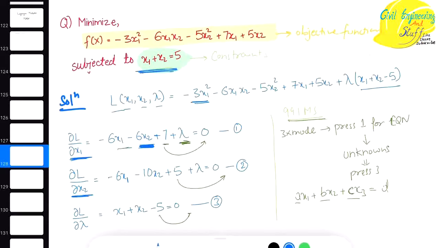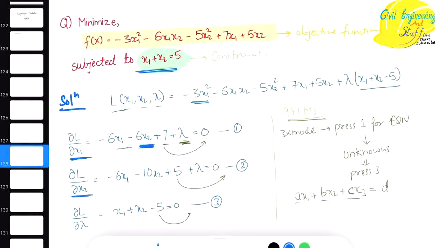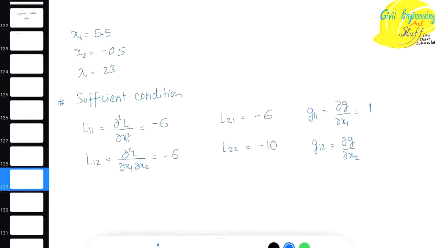On differentiating it with respect to x1, we will have the value to be 1. Then we have g12, which means differentiating this with respect to x2. On differentiating it with respect to x2, the value will be 1.